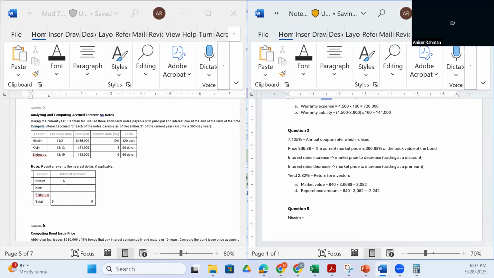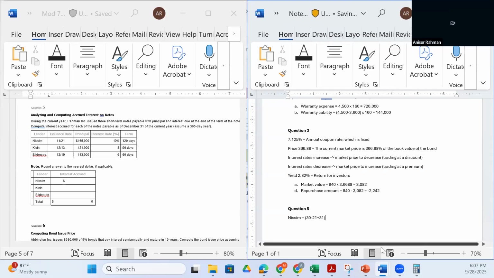what you have to do, these are annual interest rates. And it was issued November 21st. So how many days are in November? 30 days, right? So 30 minus 21 days are gone, plus the 31 days of December.